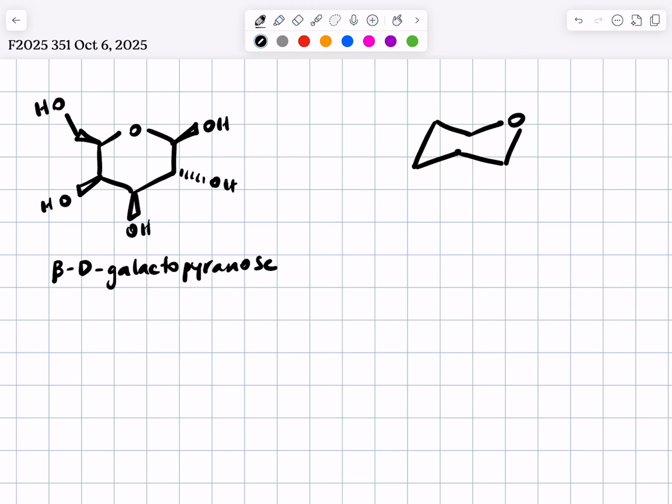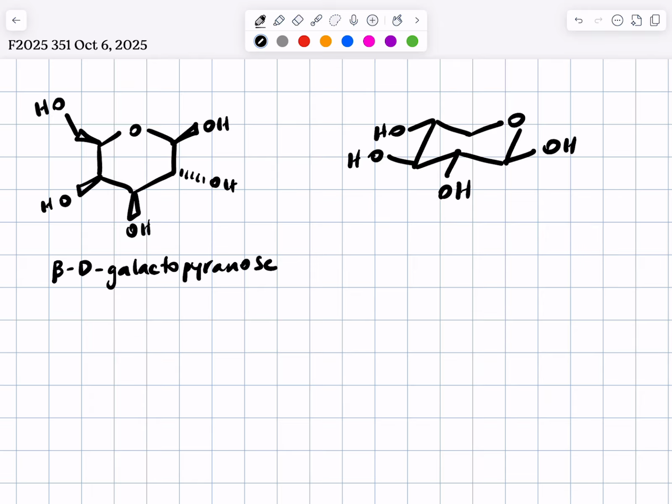Equatorial is more stable than axial. Did you guys talk about that? Yeah, you know why? 1,3-diaxial interactions, steric hindrance. And so that's true, but it's the wrong answer to this question. If you were going to be like, oh, everything needs to be equatorial, you would actually draw the wrong molecule.